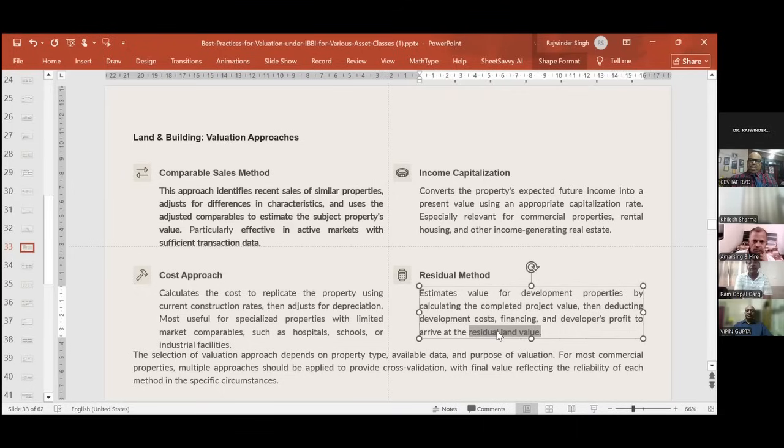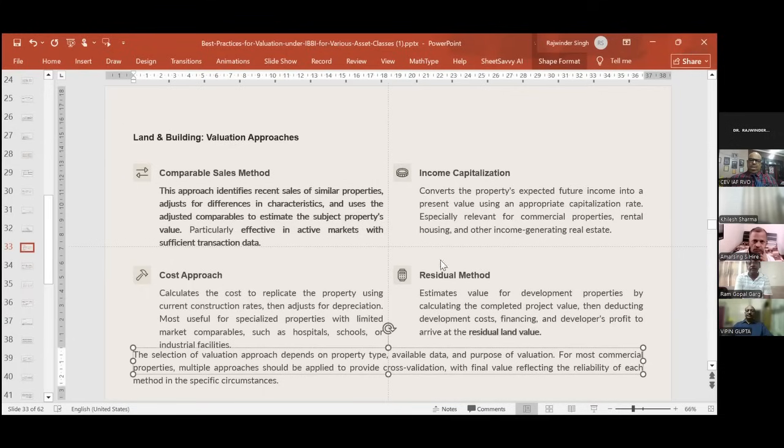So this is an important method which in the present scenario many times valuers have to use, when doing valuation of undergoing projects or new projects. There, the only way is to do the valuation based upon the development method or residual method.